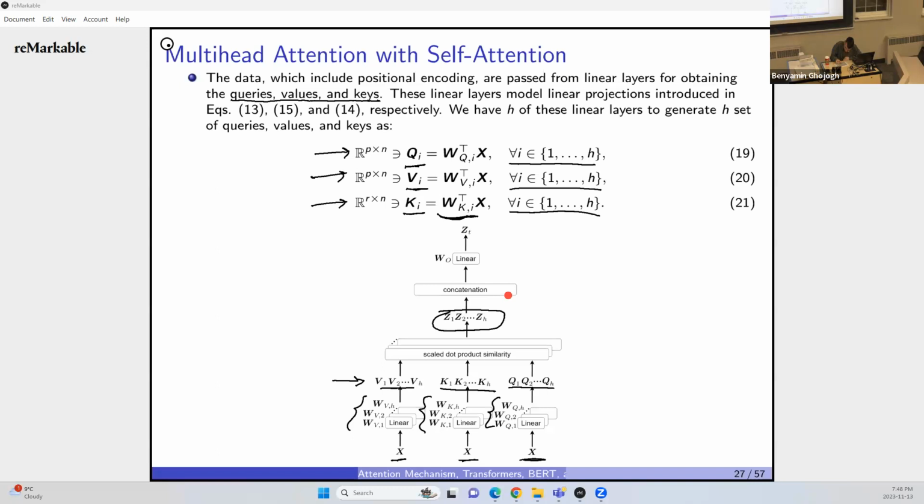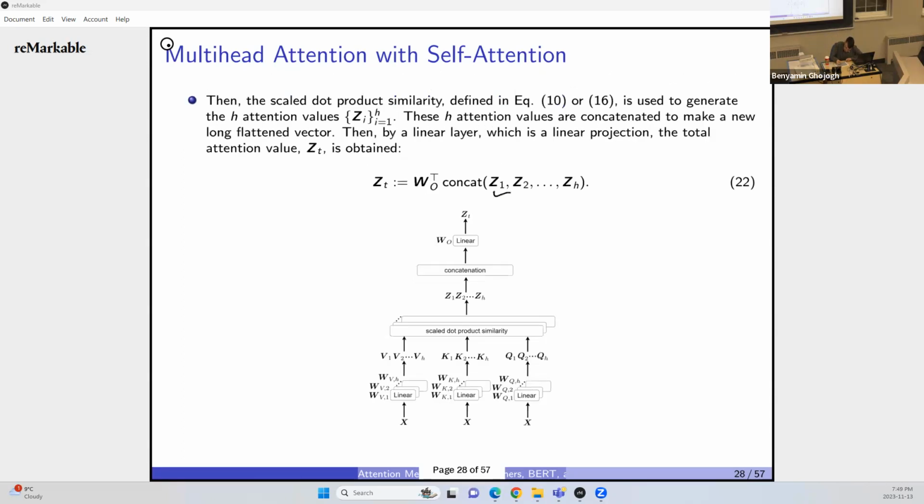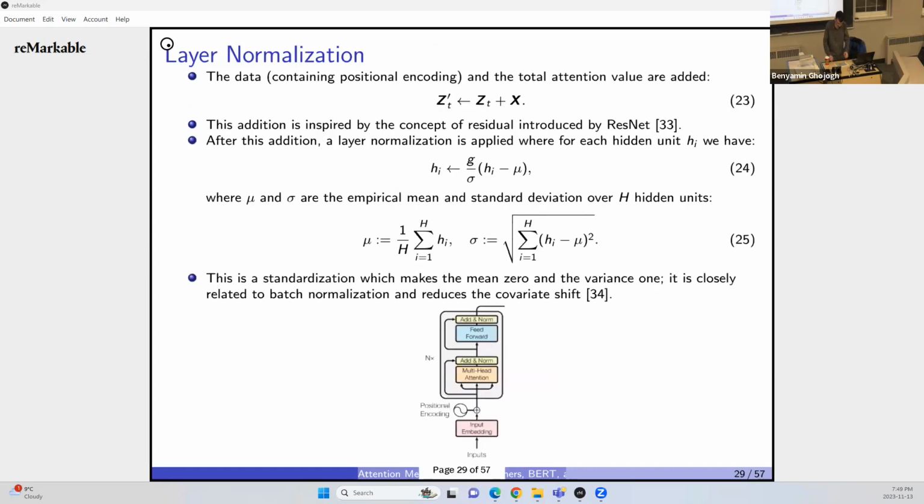Then we concatenate these Z1 to Zh, and it becomes a very long thing. Then using one linear layer, linear projection, W_O transpose, I get Z total. So far clear? Okay.